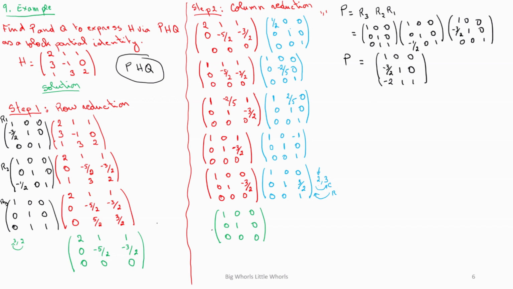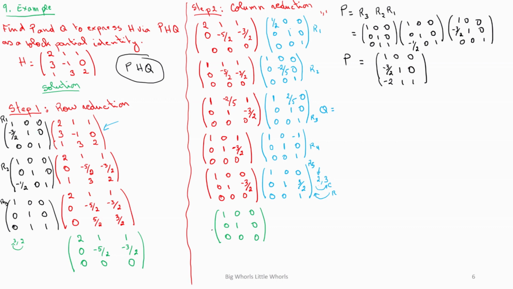So that's P, and Q, as you can guess, is the product of all those elementary matrices we used to perform the column reduction. So this is our R1, R2, R3, R4, and R5. Q is written with R1 the other way around, because when we started with H here, the first matrix we used is R1.